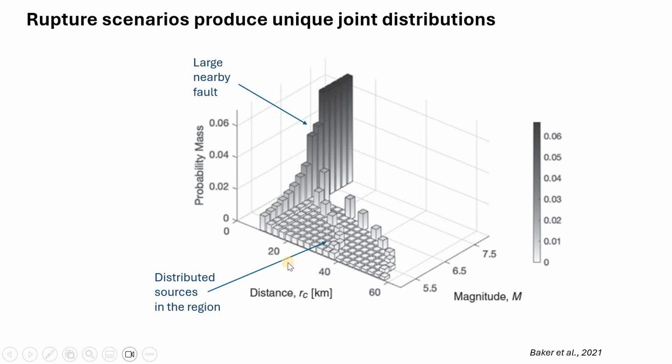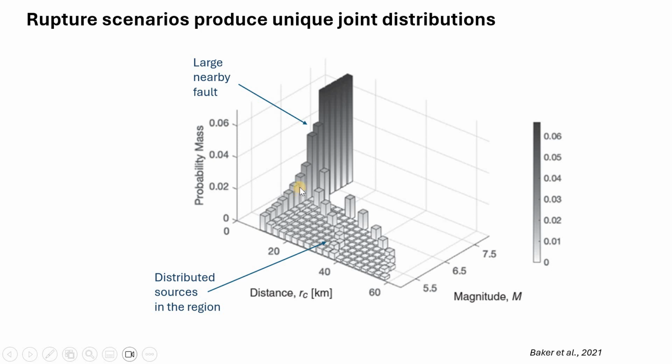And because this is done numerically, you can see it allows us to have some pretty irregular shapes and pretty interesting assumptions and predictions. So for example, if you look at this, you see there's this line of taller bars at about 10 kilometers. This likely represents a large nearby fault that's capable of producing some different magnitudes depending on the rupture scenario.